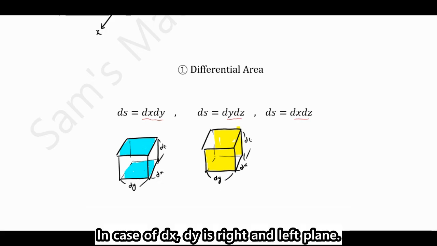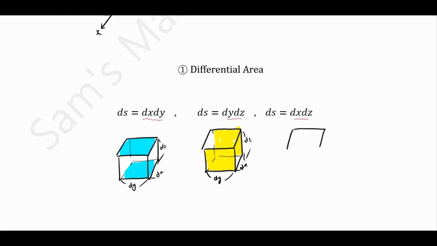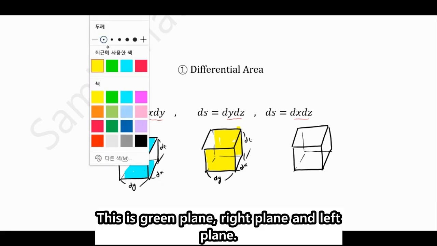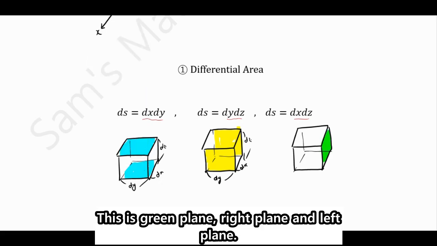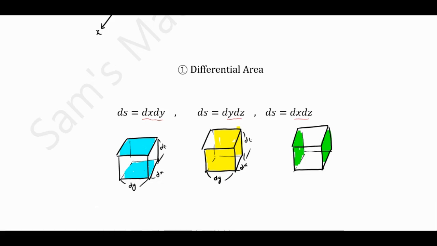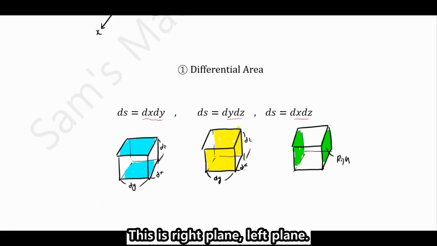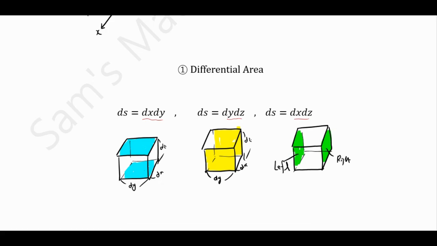In case of dx dz, it's the right and left plane. This is the green plane, right plane and left plane. This is the right plane, left plane, front, back. This plane, the bottom plane. This is the top plane.